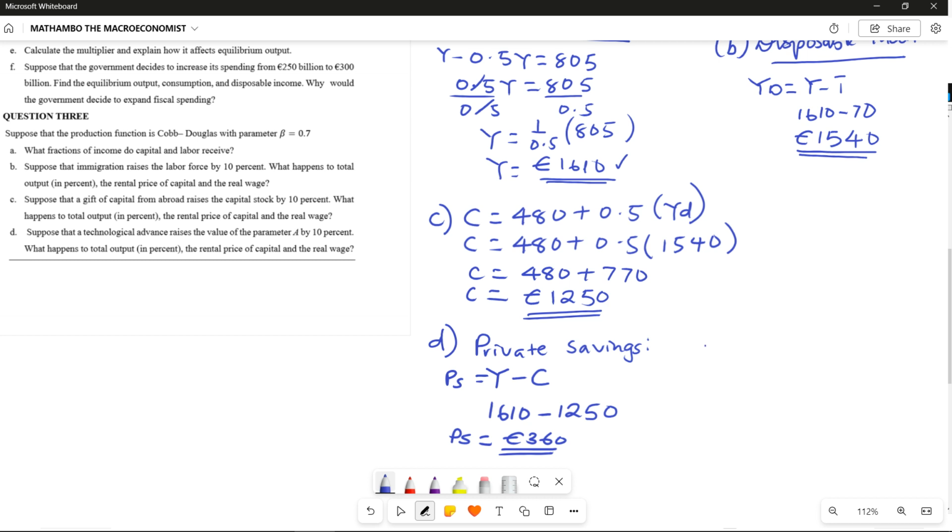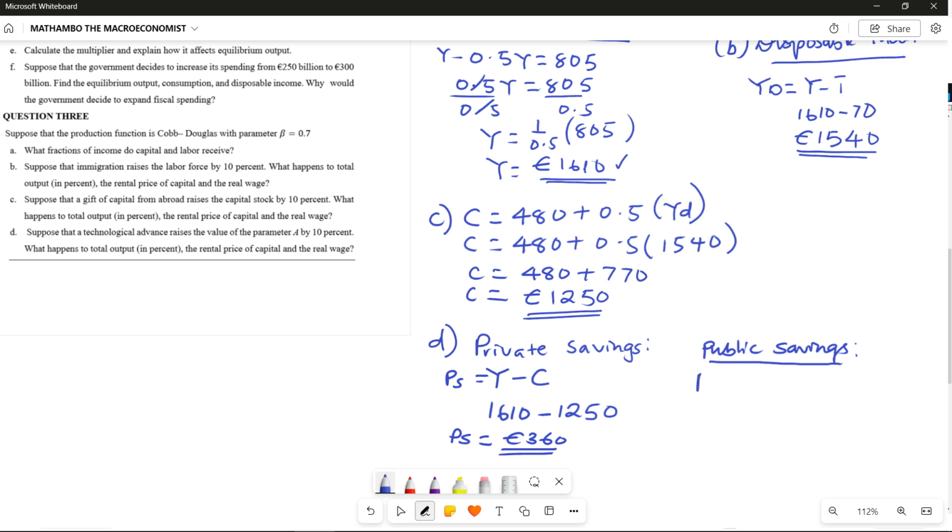And then for public savings, this is just the amount of income that is going to remain after the government has done its expenses from its revenue.